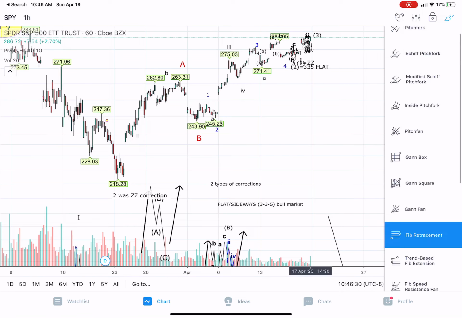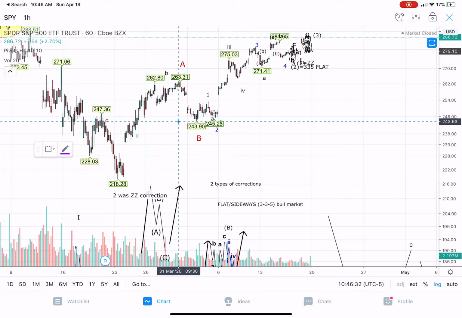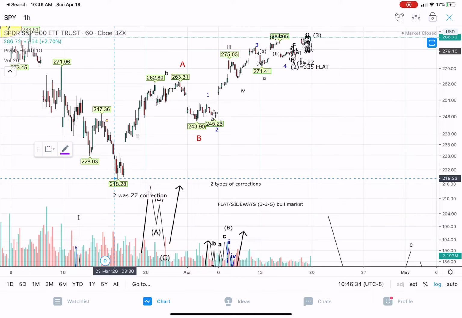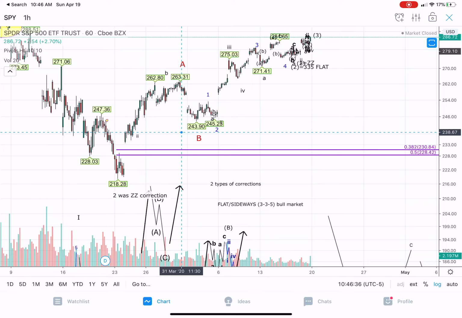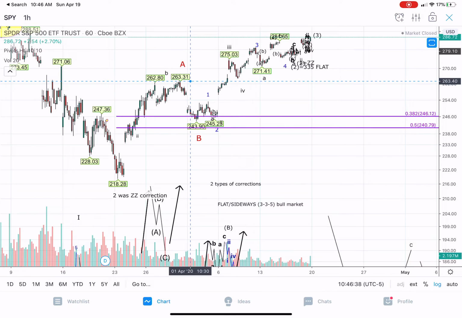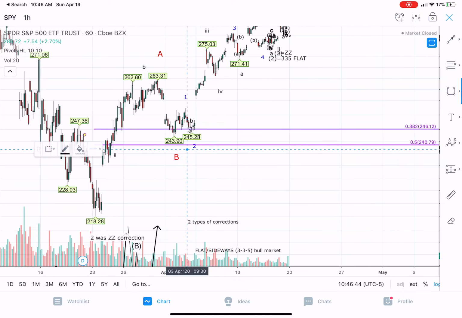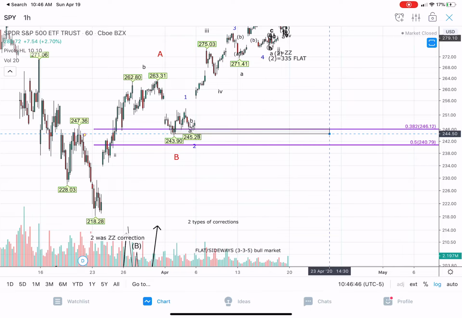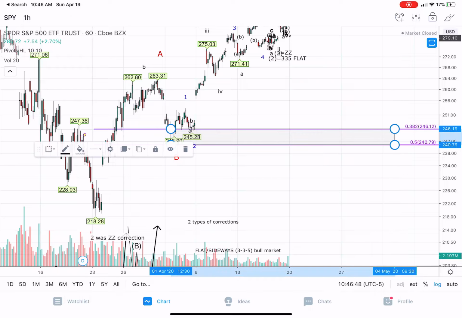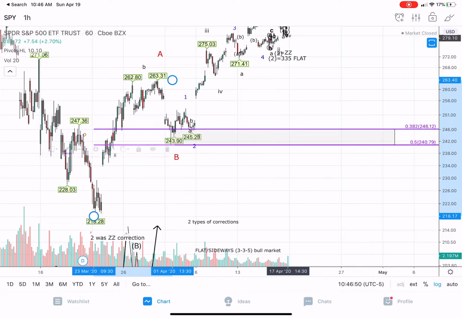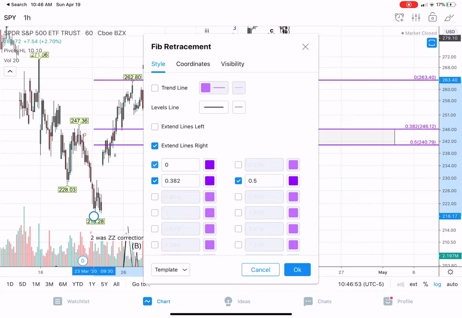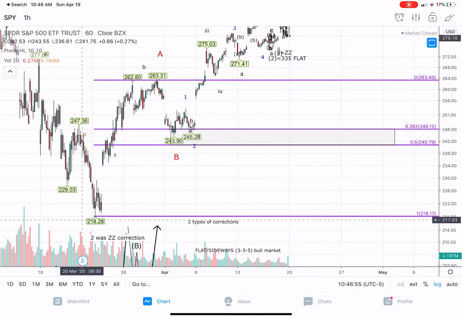So what I would do now, if we're measuring a wave B pullback, is look for this origin, and measure it up to the wave A high up here. So we know that it can retrace anywhere from 38.2% to 50% the length of wave A. So that's what we're measuring, this low to this low.